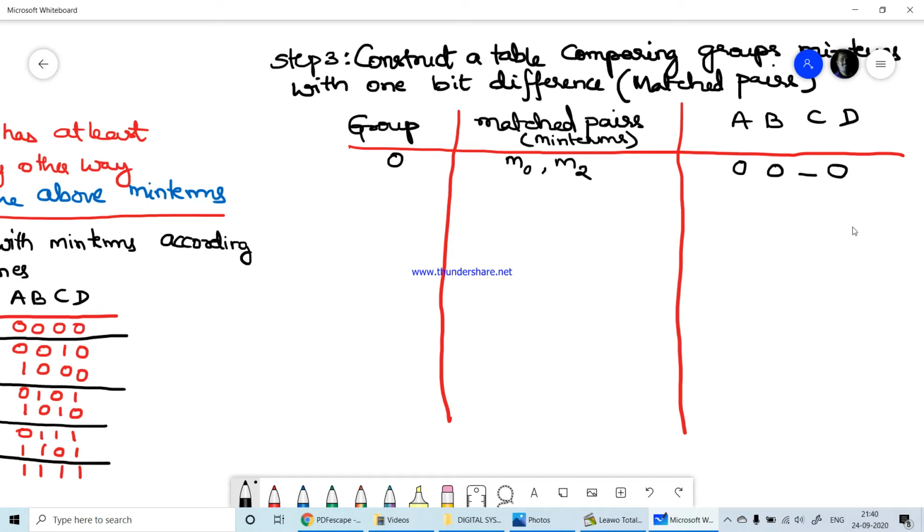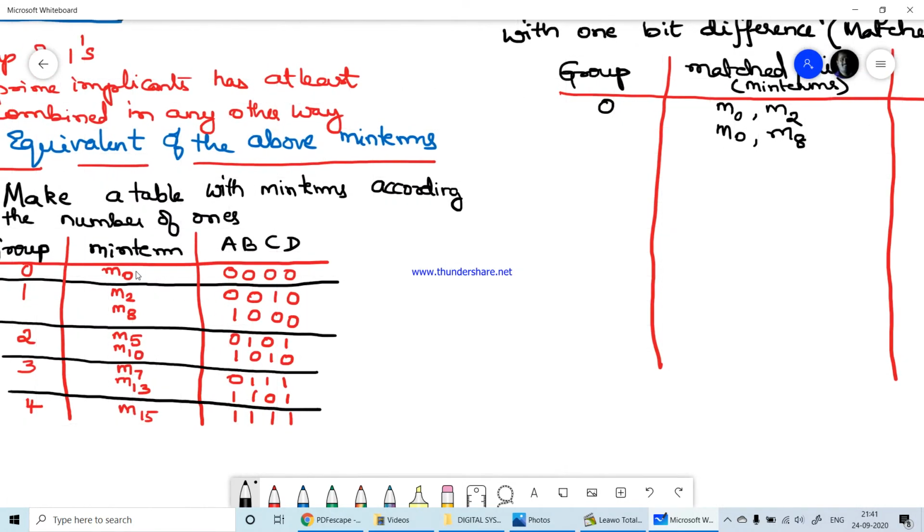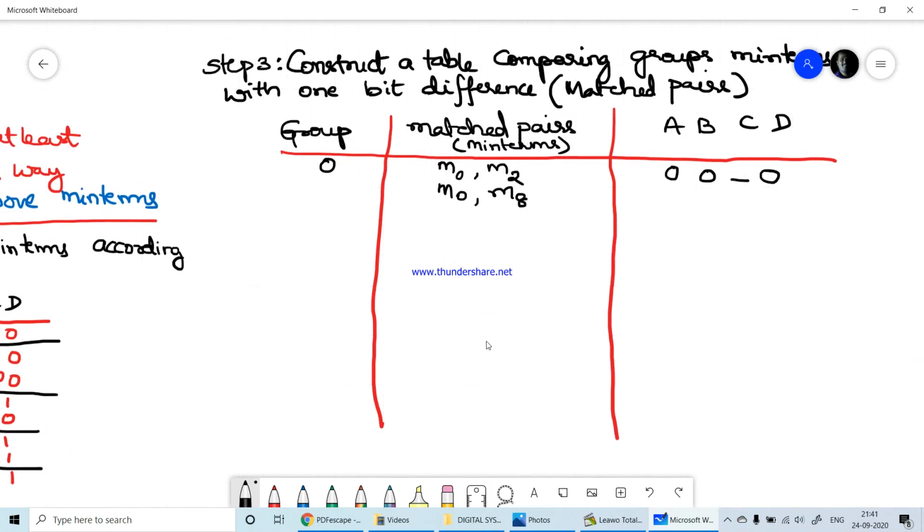You will come to know this at the end. Now the second matched pair is M0 and M8. M0 compared with M8: 0 0 0 0 and 1 0 0 0. The first bit is the difference, so it is dash 0 0 0.